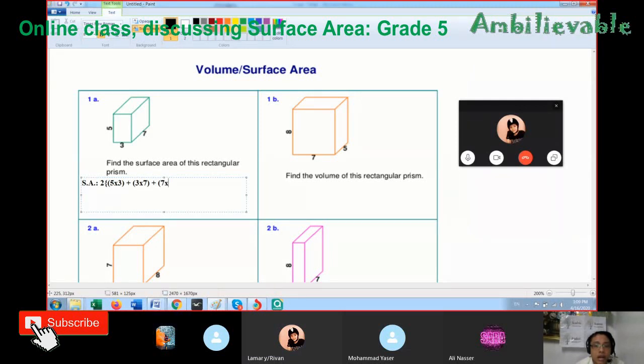Why do we write 2? Because this means that you have two sets of length, two sets of width, and two sets of height. That's why we separate the two.